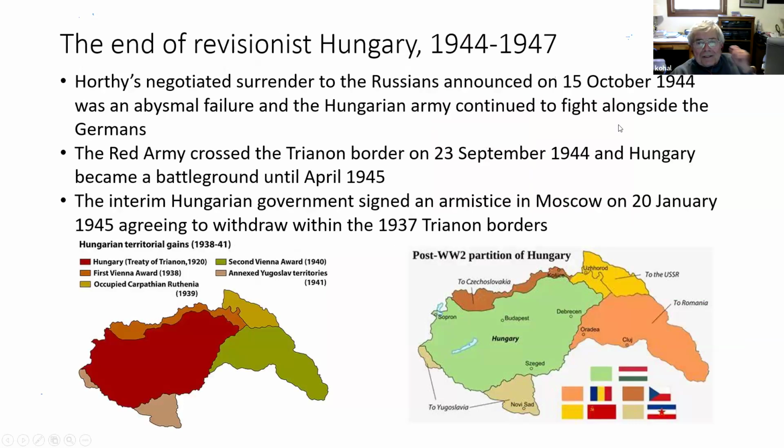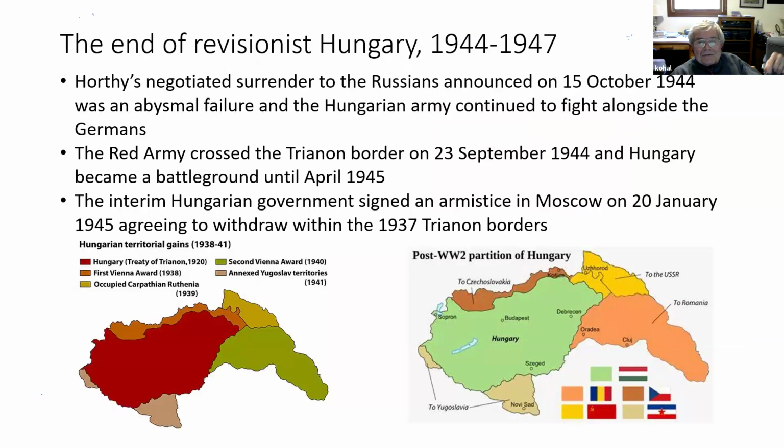And World War II ended the revisionist Hungary. Horthy wanted to surrender to the Russians on October 15th, but it was an abysmal failure because he didn't get his army to stop fighting the Russians alongside the Germans.